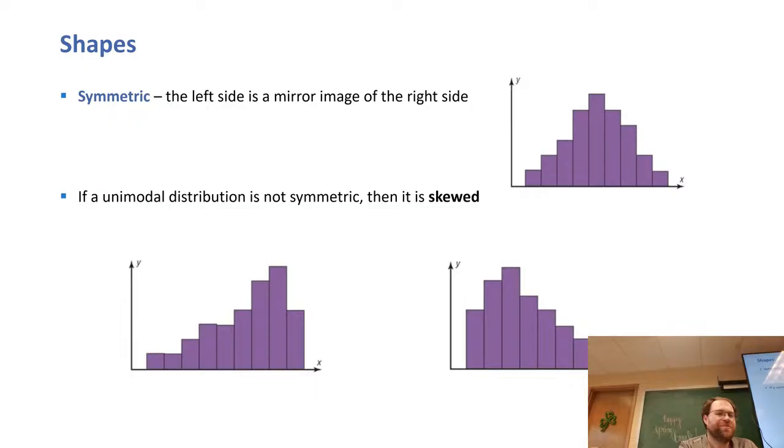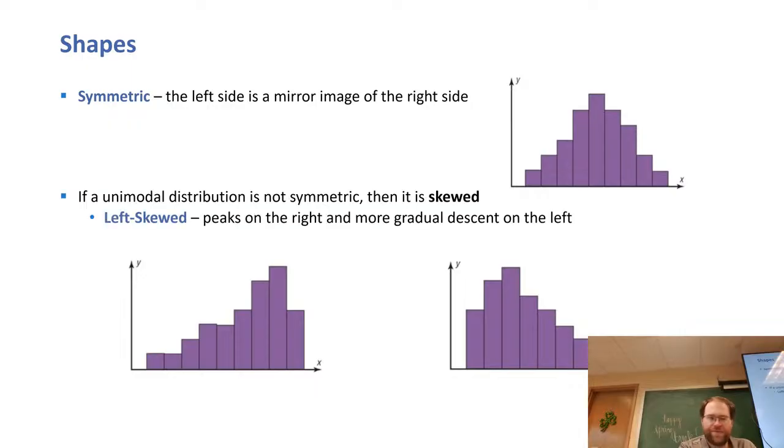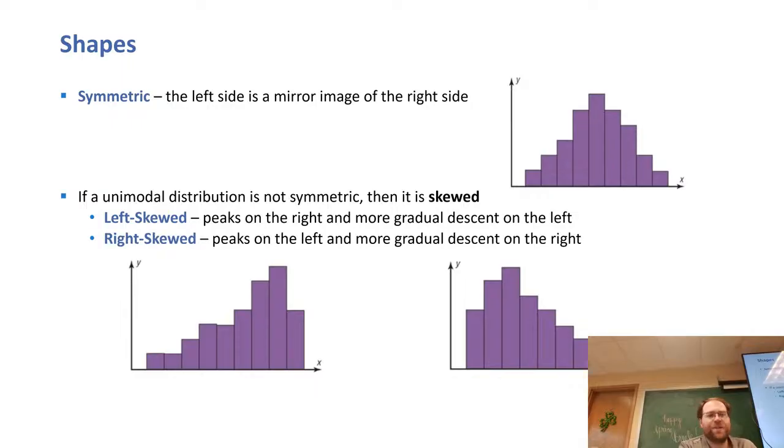If it's not symmetric, so one of these other 2 possibilities, then it's going to be skewed. A left skewed graph is going to peak on the right and more gradual descent on the left. And right's the opposite, peaks on the left, more gradual on the right.